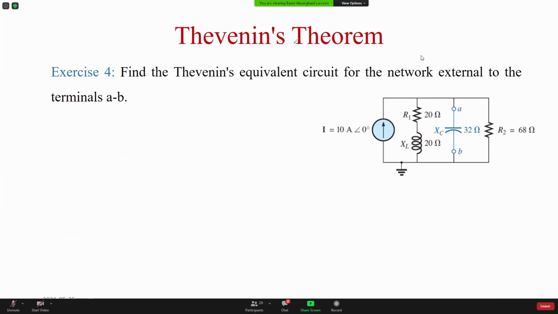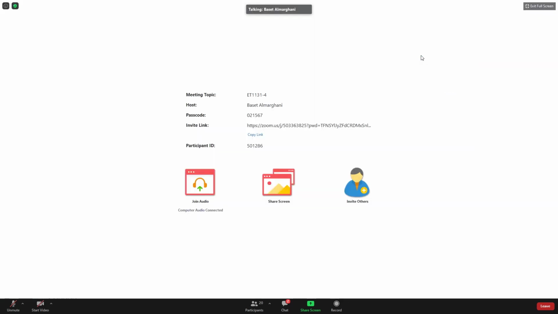So we're going to go through the Norton equivalent and we're going to see that it is similar. At least half of the question is the same, finding the equivalent impedance or resistance. I'm going to share the lecture with you guys and we will go through it.